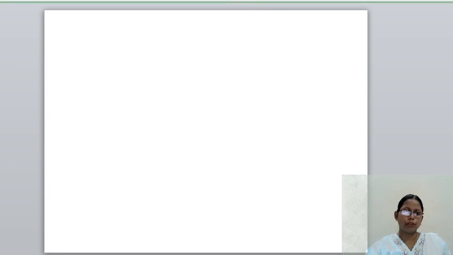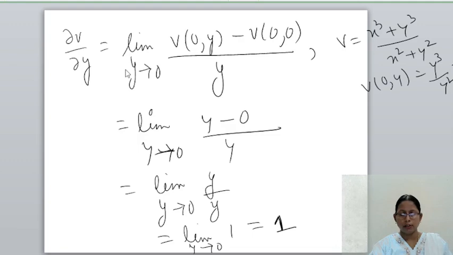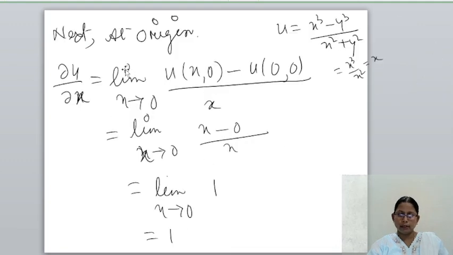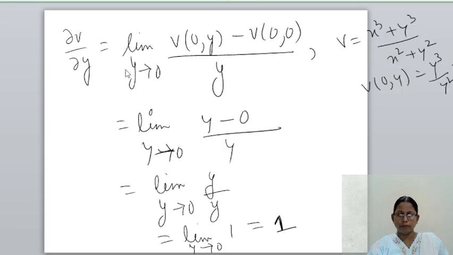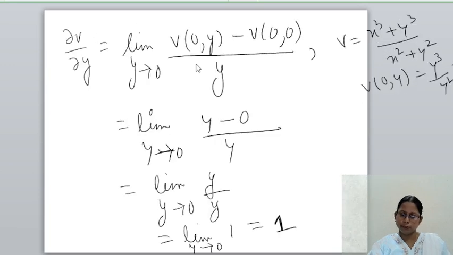Now check what your equation is. My del u by del x is 1, which is equal to del v by del y. Let me check the value of del v by del y: it is 1.